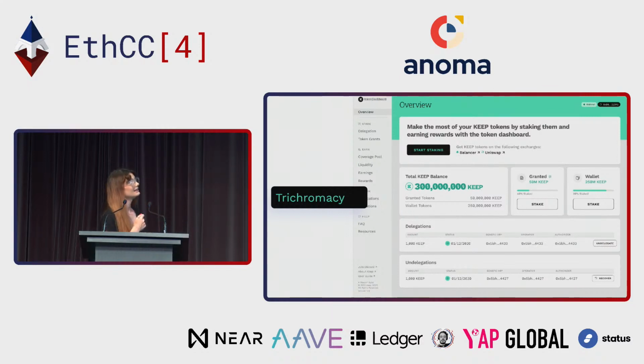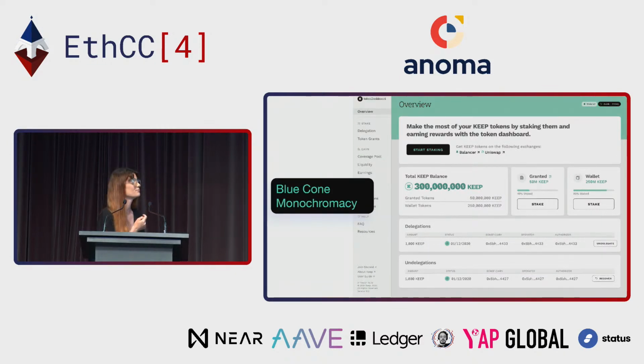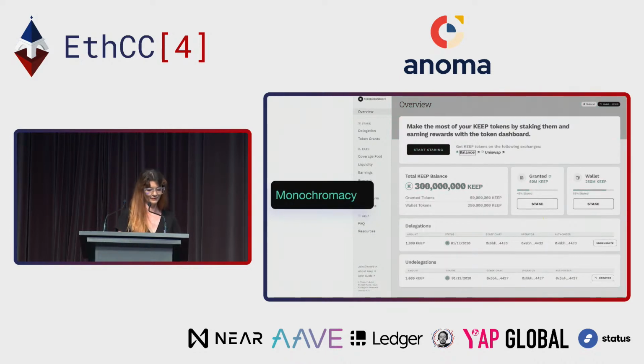So let's see the world through the colorblind people's lens. This is trichromacy, this is normal vision, but this is how someone with blue cone monochromacy sees the world, and this is monochromacy.